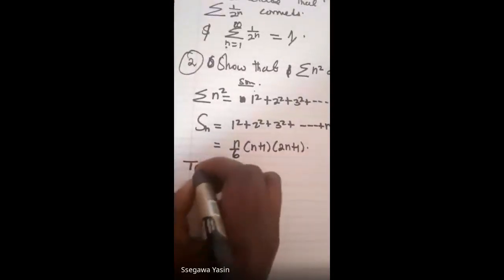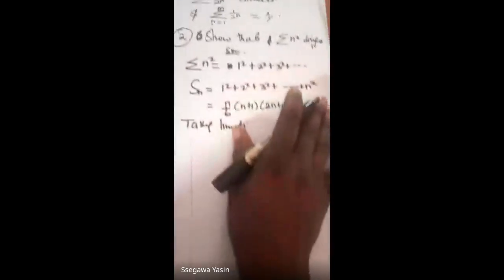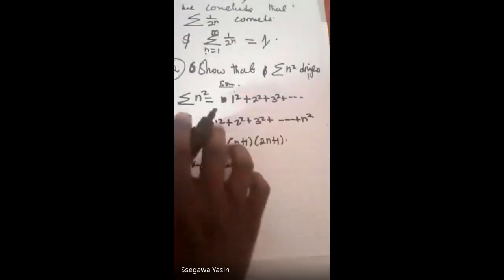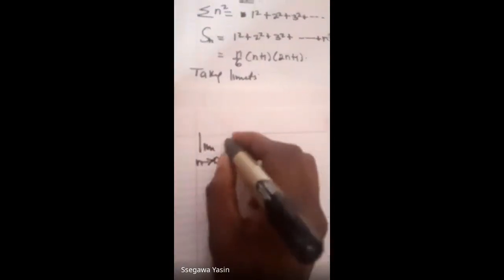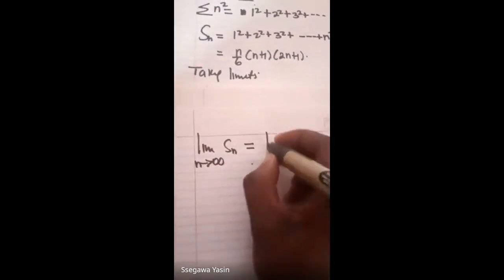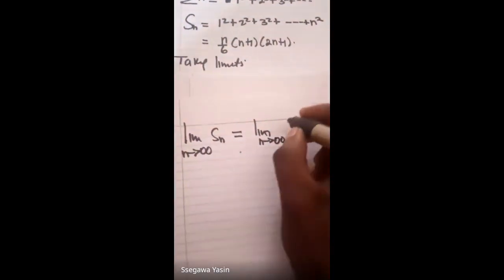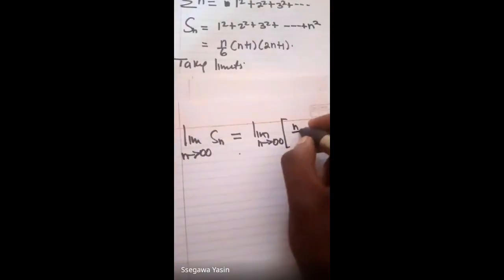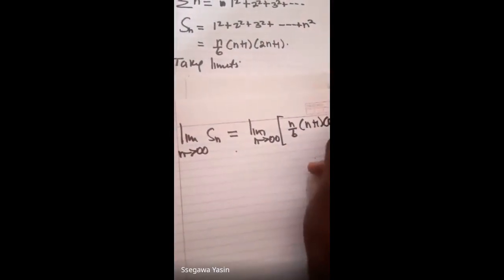So taking limits, what do we have when we take the limits? We are going to have the limit as n goes to infinity of Sn equals the limit as n goes to infinity of the whole of the other expression, n over 6 into n plus 1 into 2n plus 1.